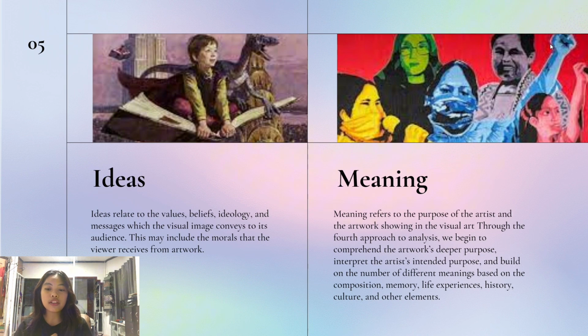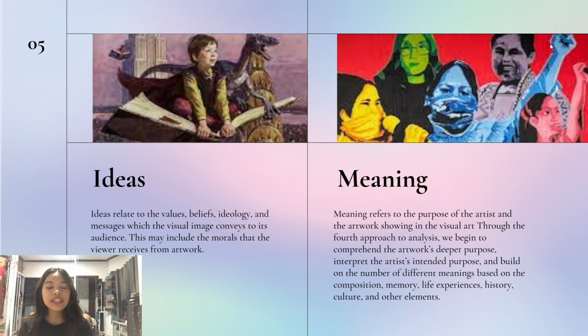Is it about love, war, politics, or something else? What values or beliefs does the picture show? Those are the questions you need to ask in order to know what the idea of the art is. To really understand a piece, we need to think about what was happening in society when it was made. This helps us see how the artwork fits into the bigger story of the world around it.